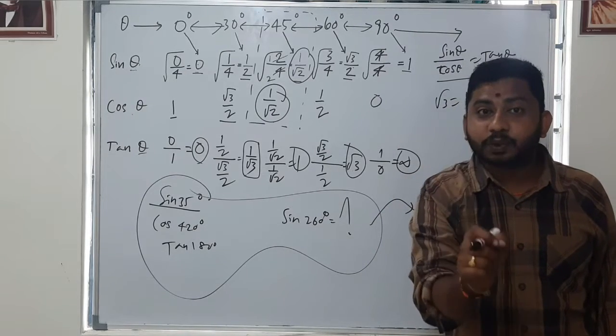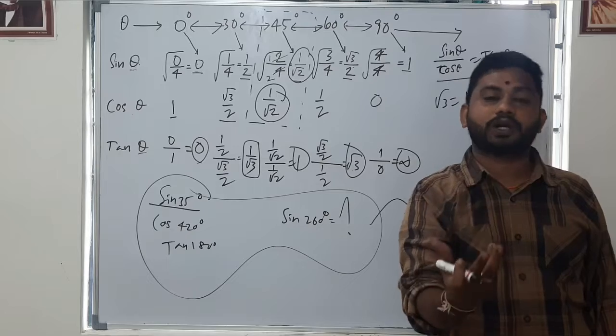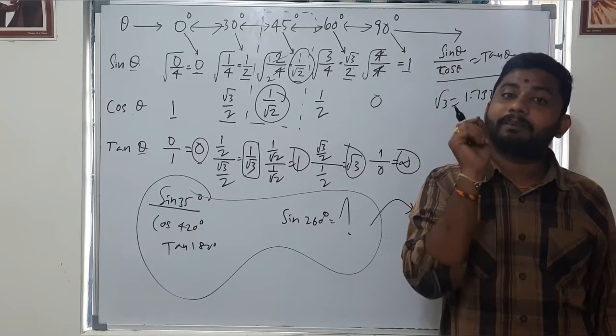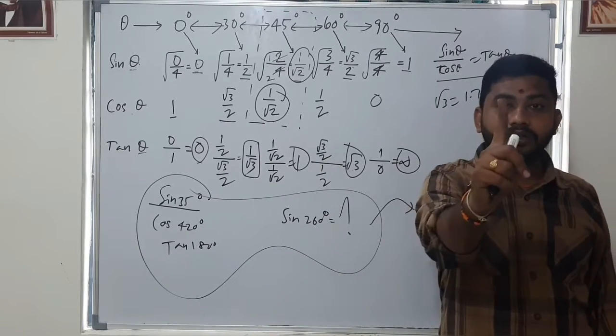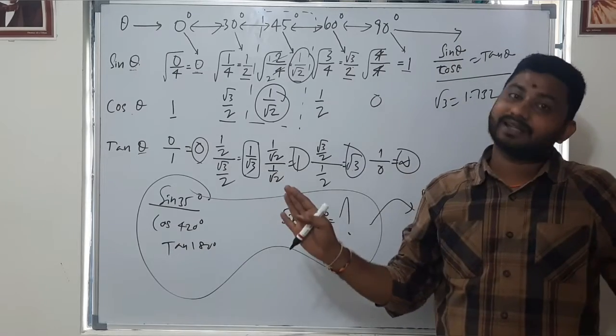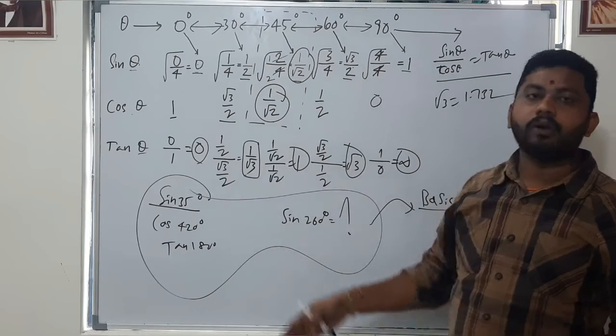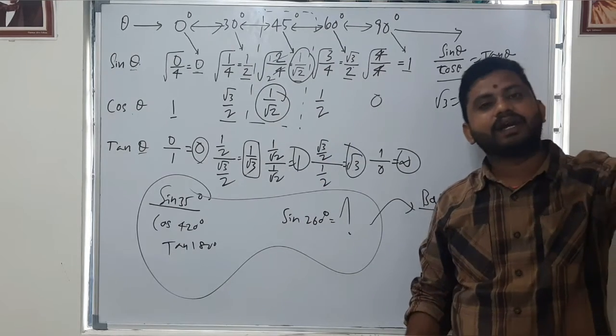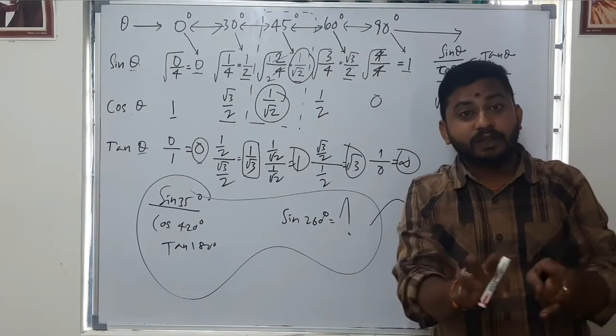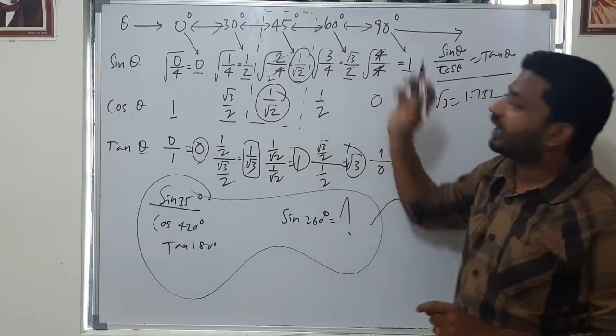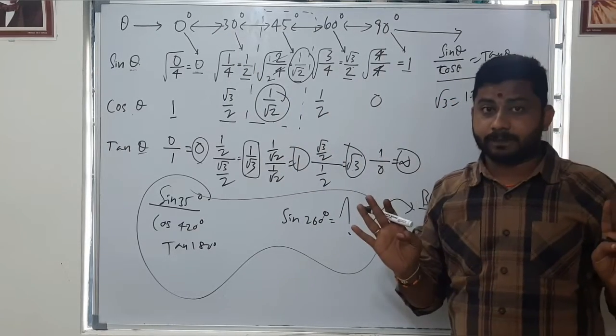Not even sin square theta plus cos square theta, which is equal to 1. Even that formula we have not discussed now. We had just discussed the tabular form where you get sin theta, cos theta and tan theta values from 0 degrees to 90 degrees. Only this much we have learned.